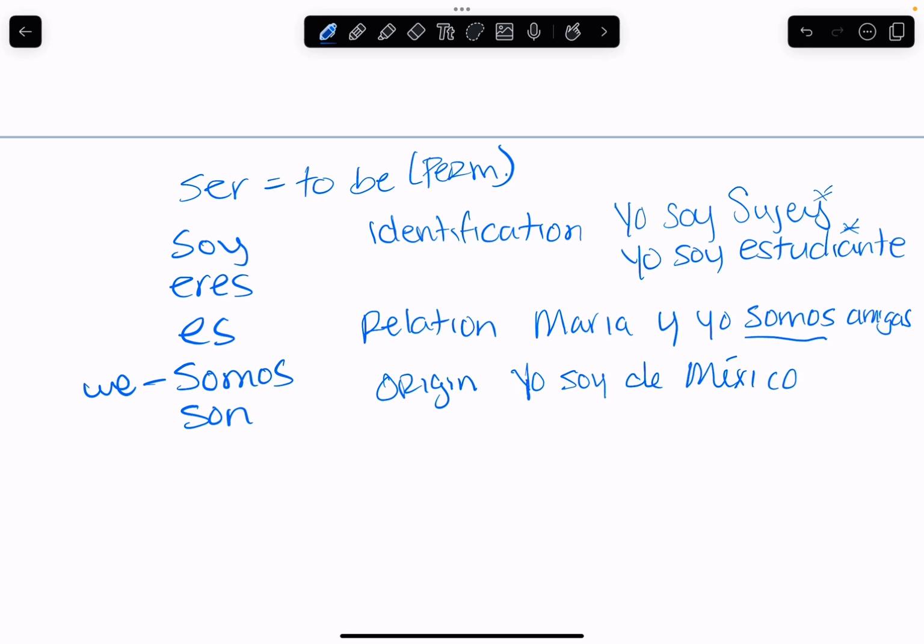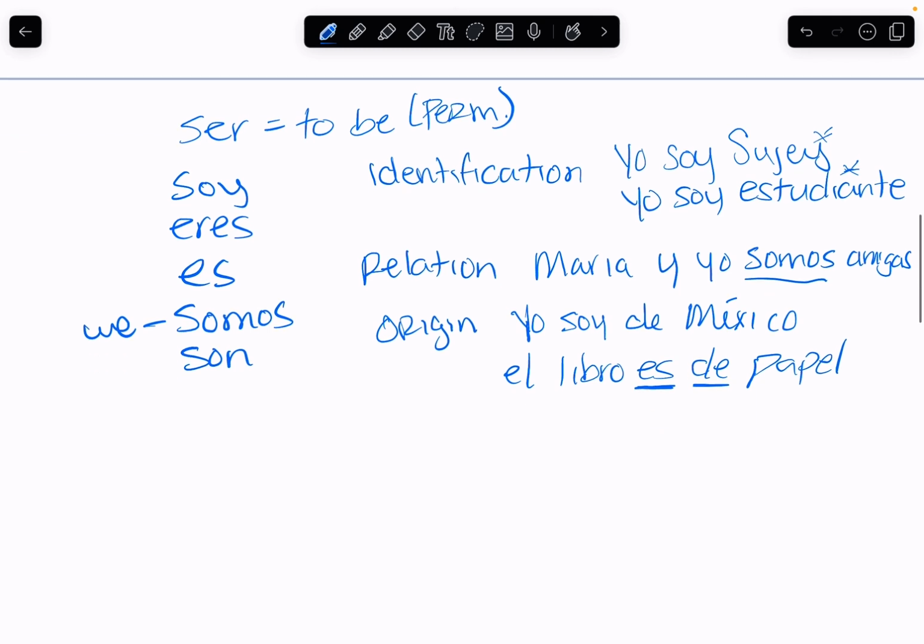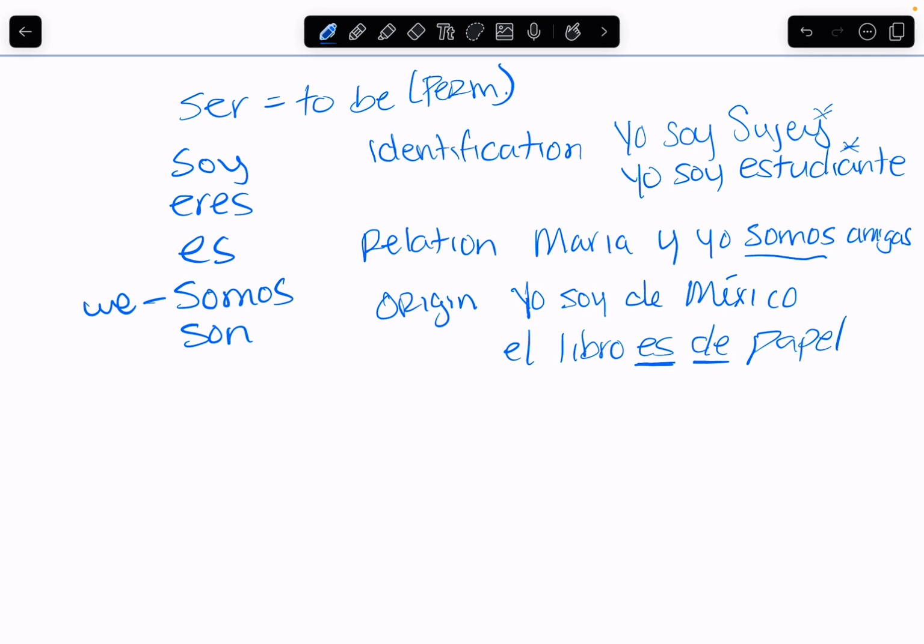Or what something is made of, which is kind of like identification and origin put together. Like, el libro es de papel. The book is of paper. Es de. This is the key part. It's made of. And when you say es de, you can also go to who it's going to.